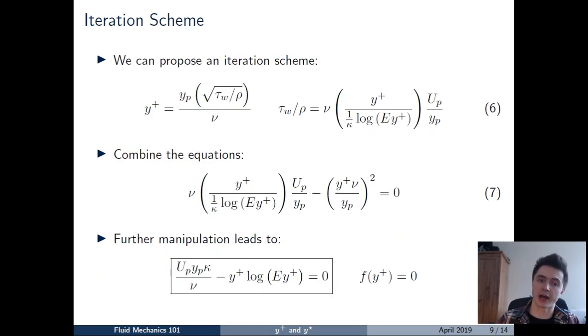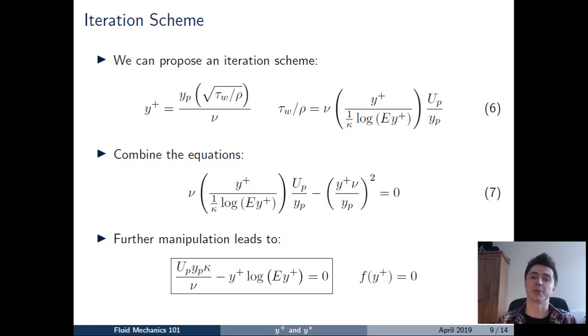And the way we might do that, we could propose an iteration scheme. And the way we would do that is take our two equations there, given in equation 6, we've got an equation for yPlus and an equation for the wall shear stress, and we can then combine these two equations together. And if you're wondering where that expression for the wall shear stress comes from, again, check out my previous video on wall functions and wall treatments for velocity, and that will explain how we get the expression for wall shear stress.